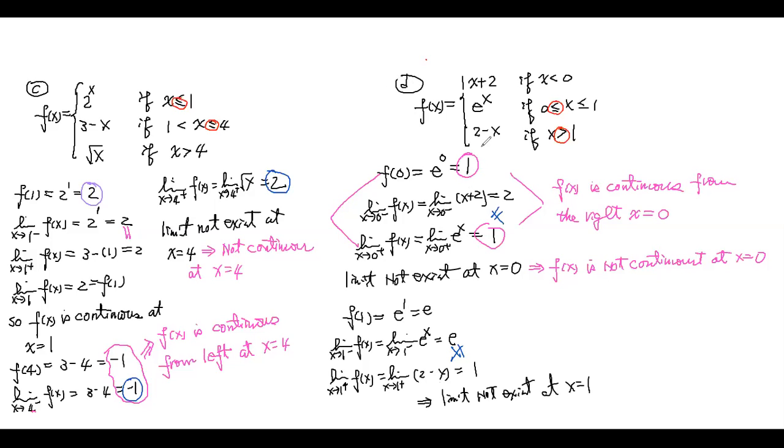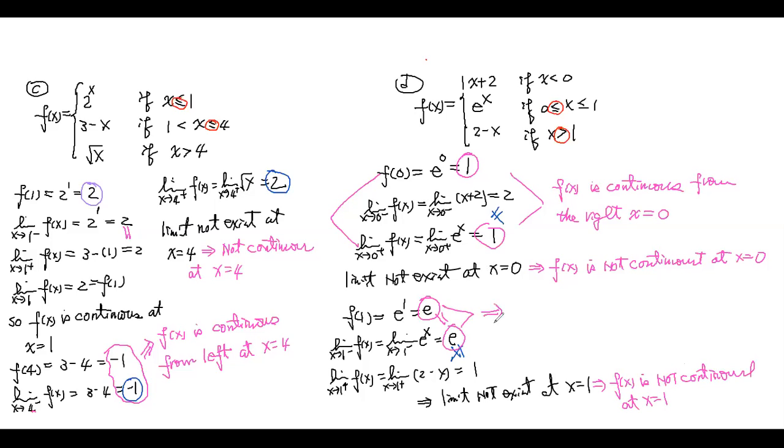So if the limit did not exist, then what do we conclude here? We say f of x is not continuous at x equal to 1. Correct? Okay, but now you take a look and you say, oh, this function value is equal to this function value.